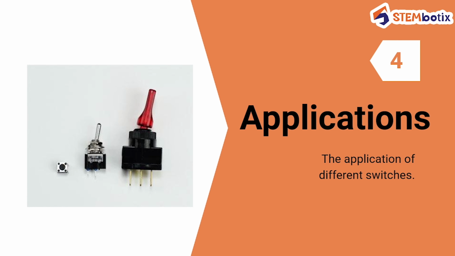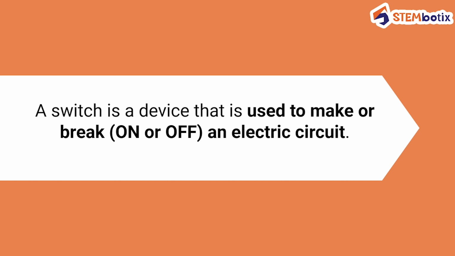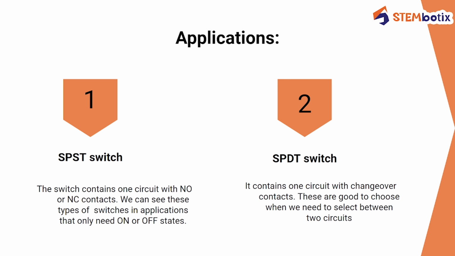Now, this is the last part of our today's lecture, which is the application where you can use these kinds of switches. So the basic operation of a switch is to make or break an electric circuit. By making, you can turn on the particular thing, and by breaking it, you can turn off the device or circuit.